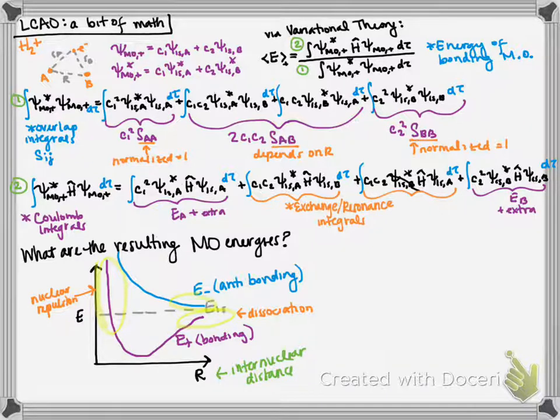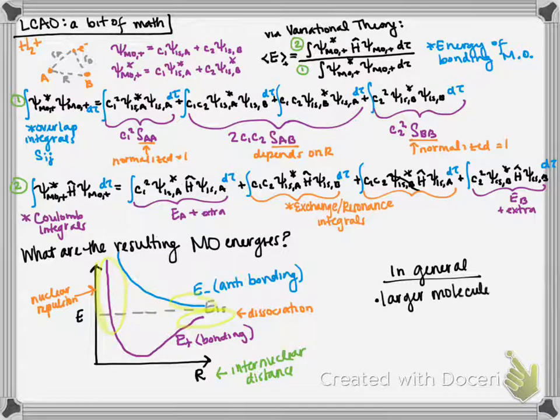But you'll notice that at large R, it also converges to E1s, which remember is just that atomic hydrogen energy. And that's also due to dissociation. So both the bonding and the anti-bonding energies will converge to the atomic energy at large R.